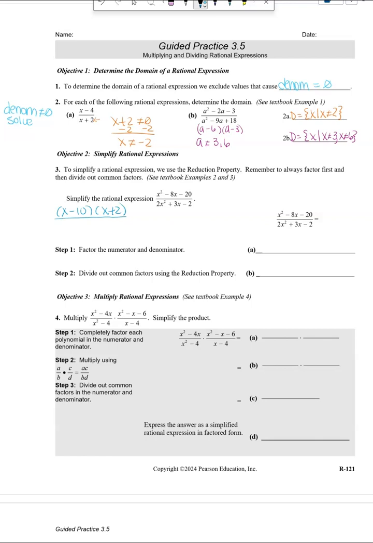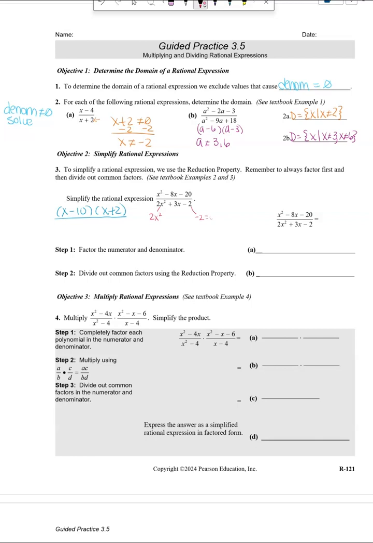That's our top one. Now our bottom one's a little more tricky, because it's got the coefficient in the front, so we're going to have to use the AC method. In the AC method, we bring the front one down and the last one down exactly like it is. The last one is negative 2.